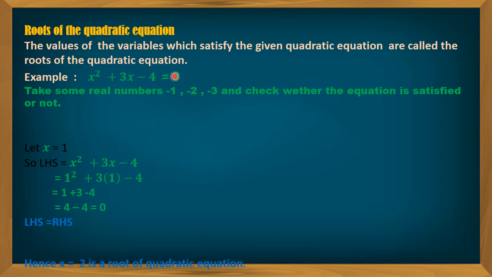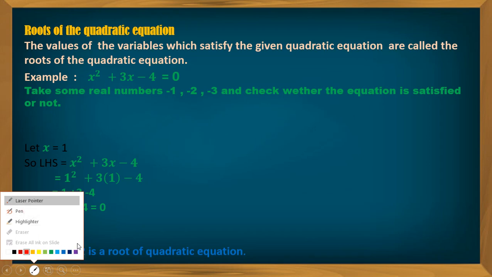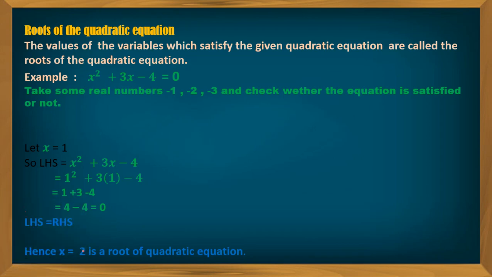That means the value x is 1 satisfies the equation, so x is 1 is a solution of the quadratic equation, or in other words, x is equal to 1 is a root of the quadratic equation.